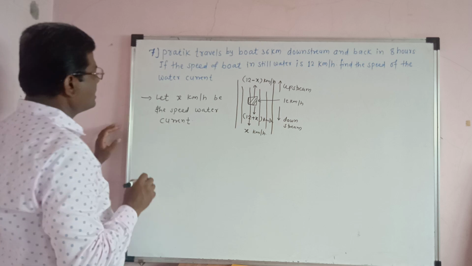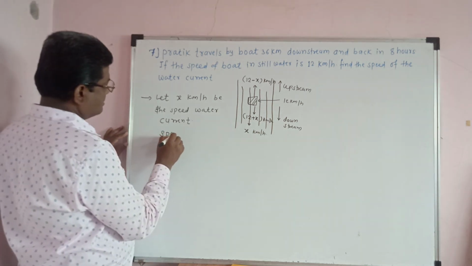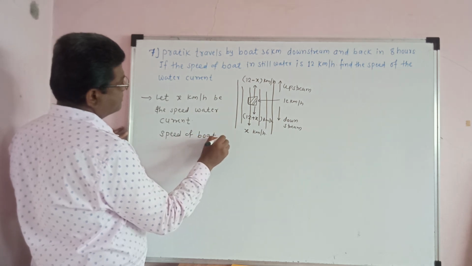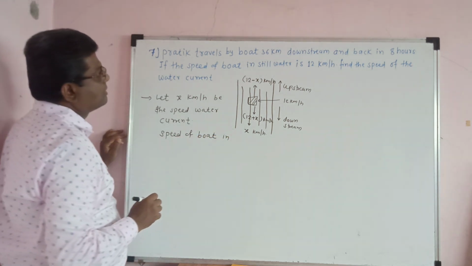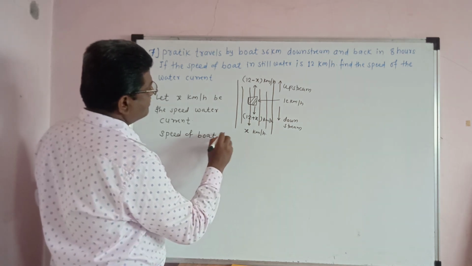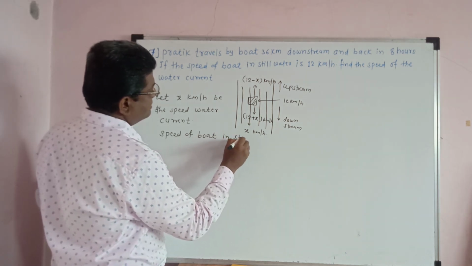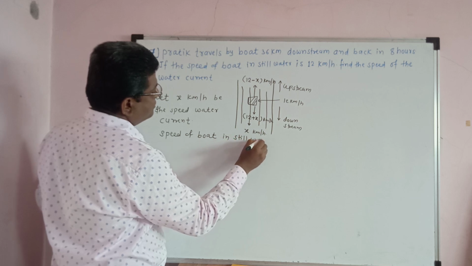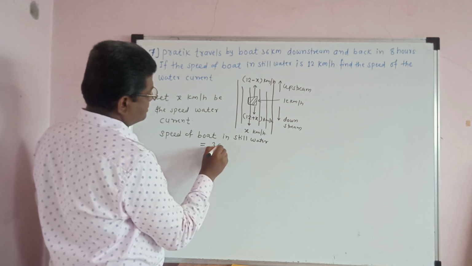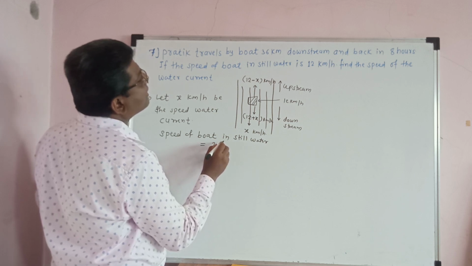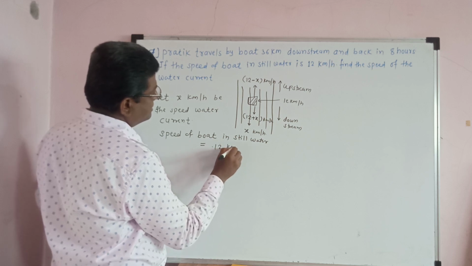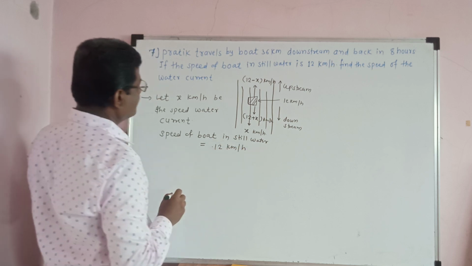Now we have given speed of boat in still water is equal to 12 km per hour.